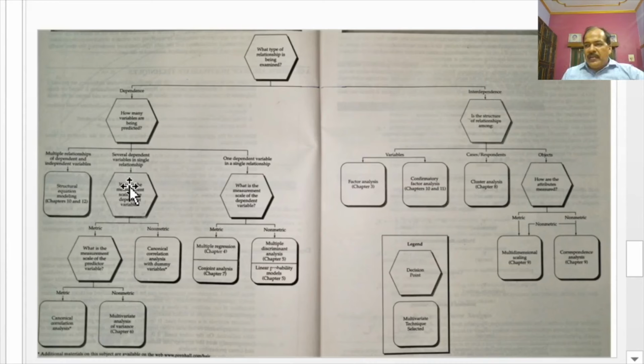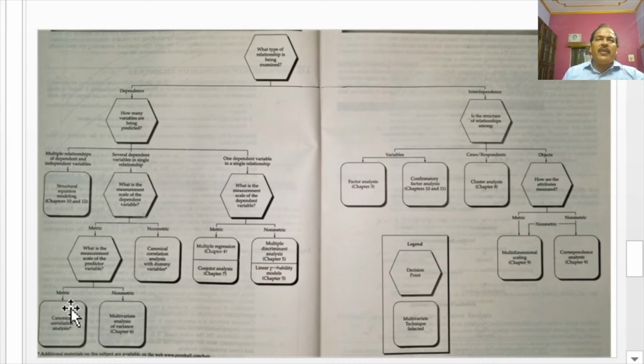Here, if we are having several dependent variables in a single relationship. Okay, and what is the measurement scale of the dependent variable, metric or non-metric? Okay, in the case of metric, what is the measurement scale of the predictor variable? And if it is metric, we can go for the canonical correlation analysis.